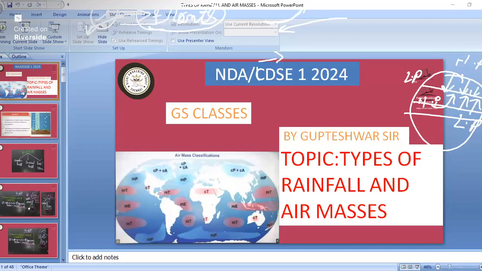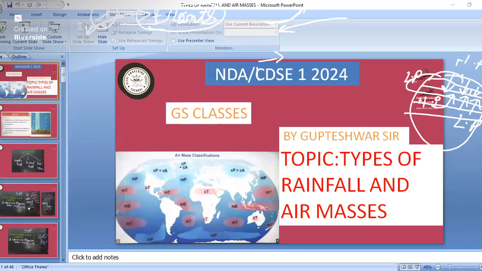Mostly all those fronts form in this part. Their region is 30° to 65° north and south, so they are mostly located within the temperate regions. Remember that.